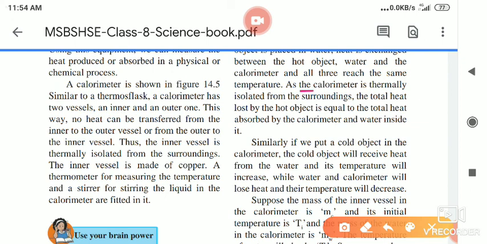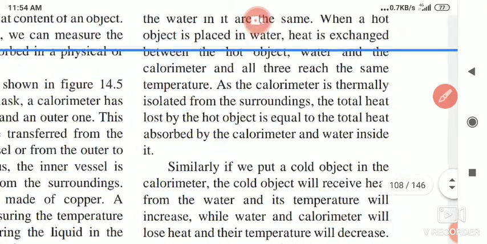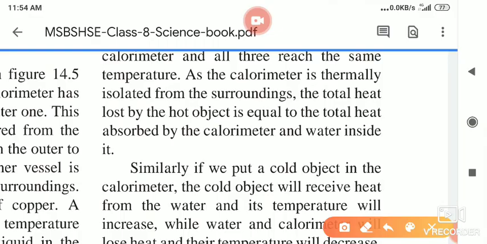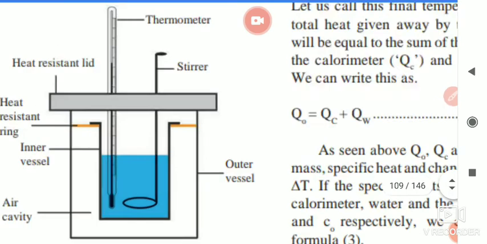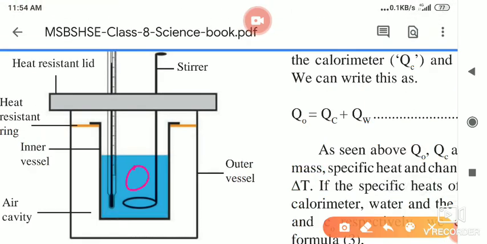As the calorimeter is thermally isolated, it means heat will not transfer from the inner to the outer medium, to the surrounding. So the total heat is lost by the object. Suppose this is the hot object, then the total heat released by the hot object is equal to the heat absorbed by the calorimeter plus the heat absorbed by the water.